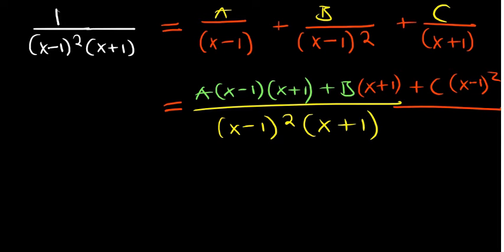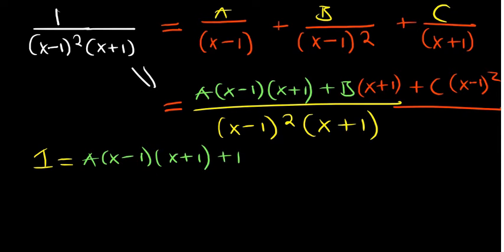Okay, since the denominators are the same, we just have to equate the numerators. So for the numerator, we just have a 1, and then that is equal to a, x minus 1, x plus 1, plus b, x plus 1, plus c, x minus 1 squared.